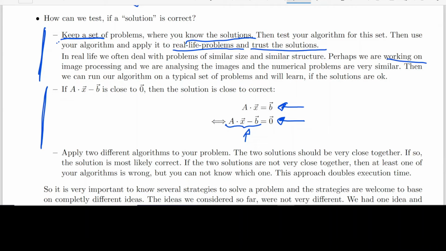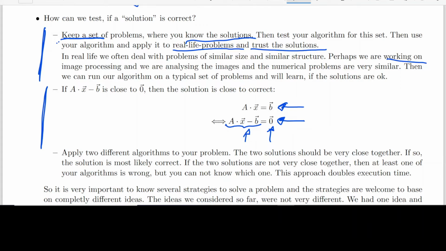And next time maybe we're in the situation where x and b are entries between 0 and 0.001, and then we should modify our testing for close to 0. Okay, I don't want to go too much into detail. That's our second idea, how we can test our solution which our algorithm told us to be the solution.